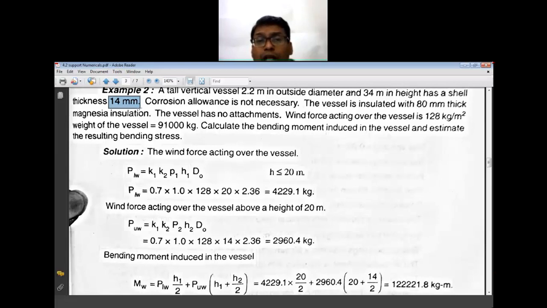That is, the wind force over the vessel is 128 kg per square meter, the average wind force mentioned for this height of 34 meters. So, instead of taking them individually, up to height H1 and then above H2, we will consider the total height of 34 meters with the wind force of 128 kg per square meter.